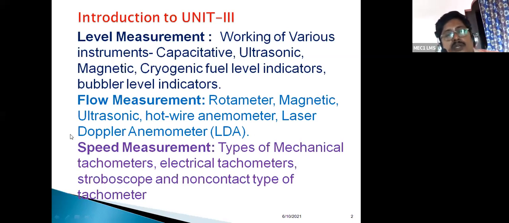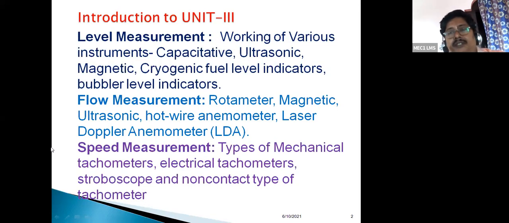And for speed measurement devices, the types are the tachometers. I think all of you know: mechanical tachometers, electrical tachometers, stroboscope, and non-contact type of tachometer. That is four. In these 4 instruments, we'll discuss speed measurement.